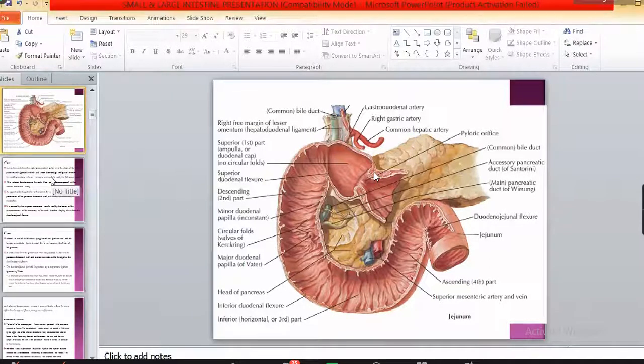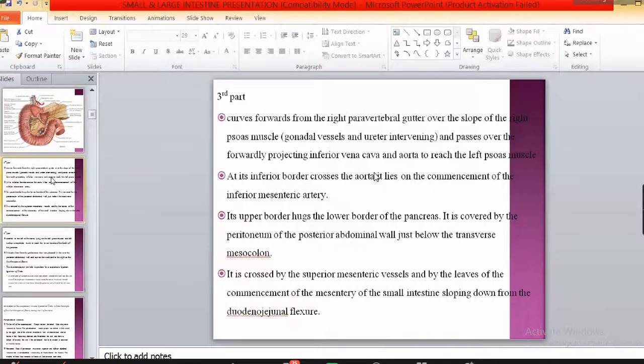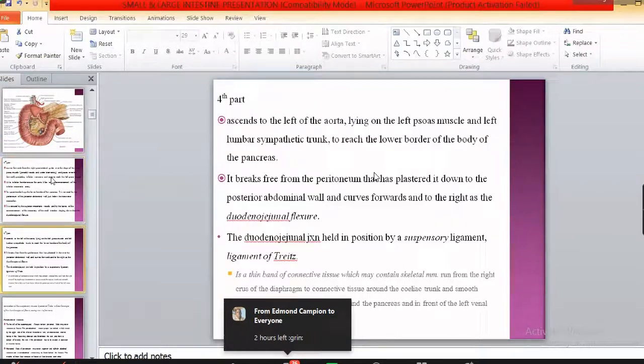That is for the upper portion. The fourth portion, we said, crosses to the left of the abdominal aorta.